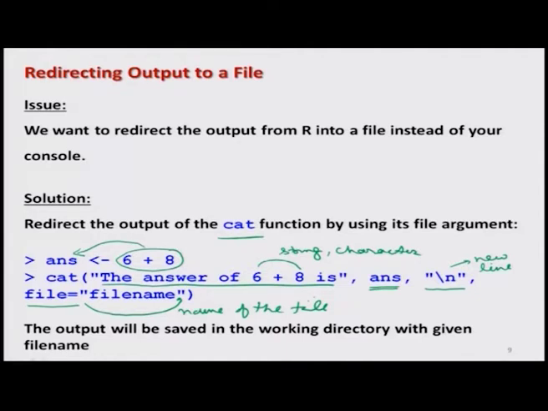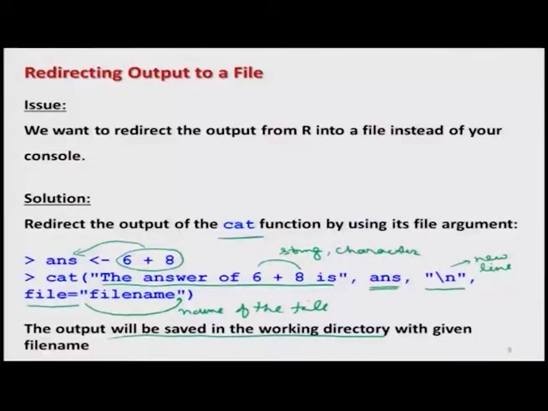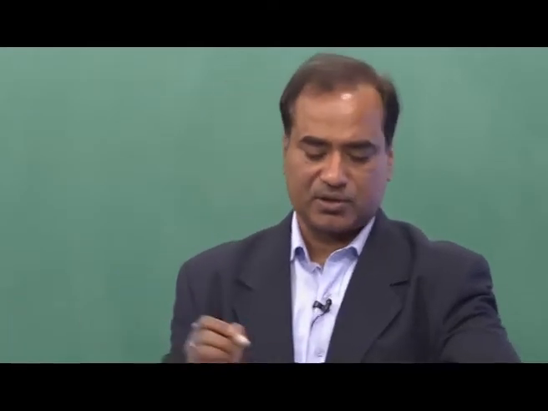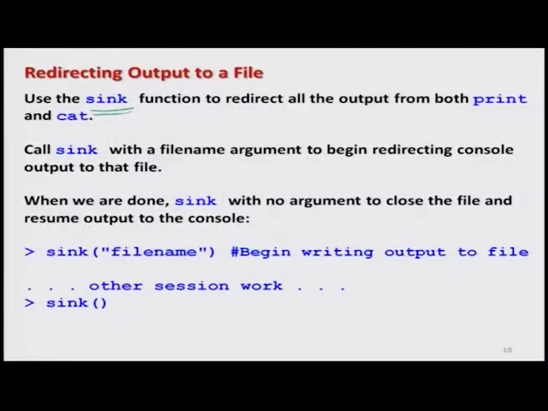After this, whatever is the output will be saved in this file, which is located inside the working directory. In order to do it we need one more function, and this function is sink. This function sink helps us in redirecting the outcome of cat inside a file.